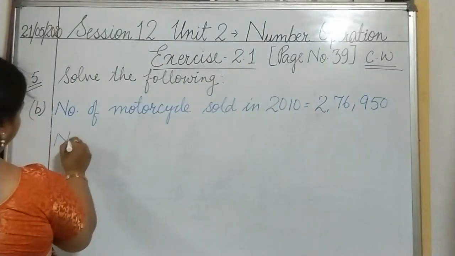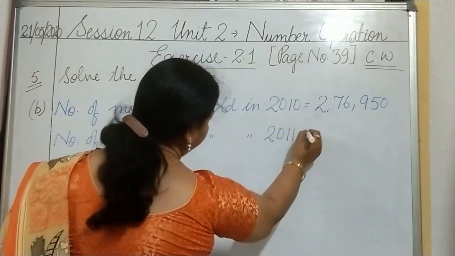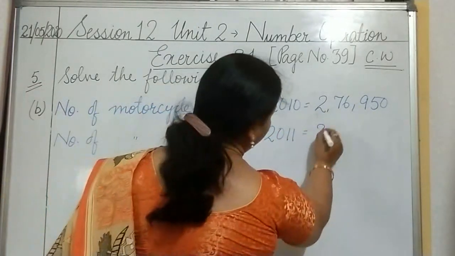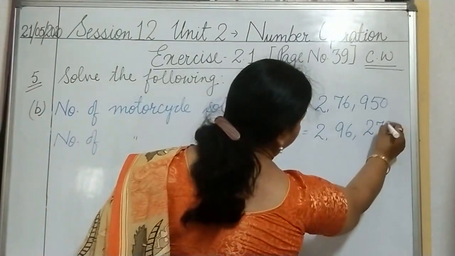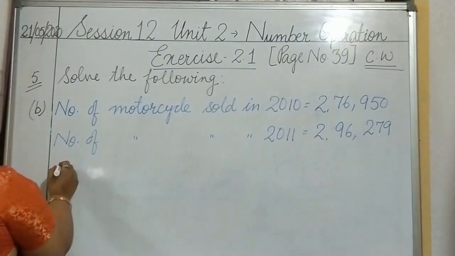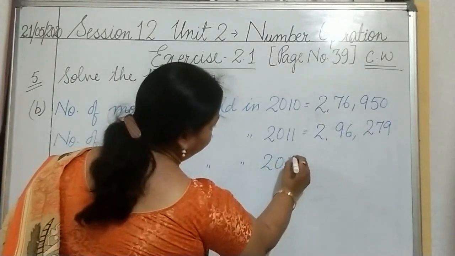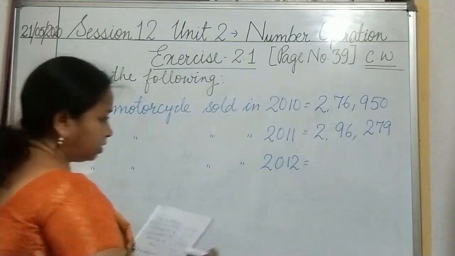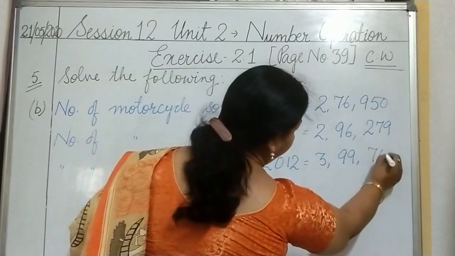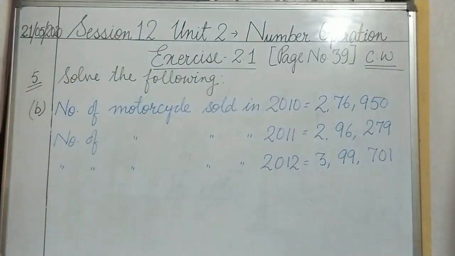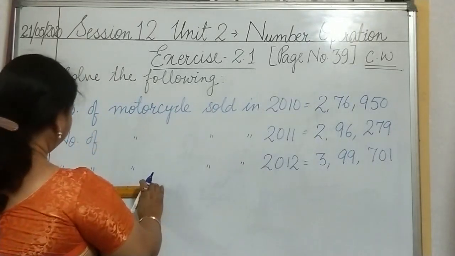Then you have number of motorcycles sold in 2011. The number given is 2,96,279. Okay, then number of motorcycles sold in 2012. Okay, so the number is 3,99,701.